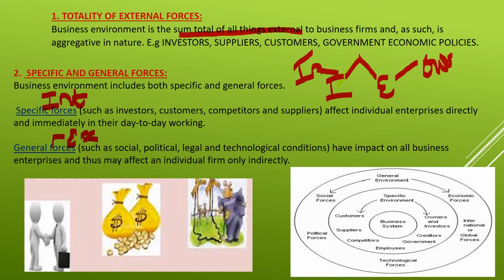But external forces are things that are literally not within your control: the social, political, legal and technological environment, which affects the business. So the first one is totality of external forces, which refers to the sum total of all the external sources of the business. The second one is specific and general forces.